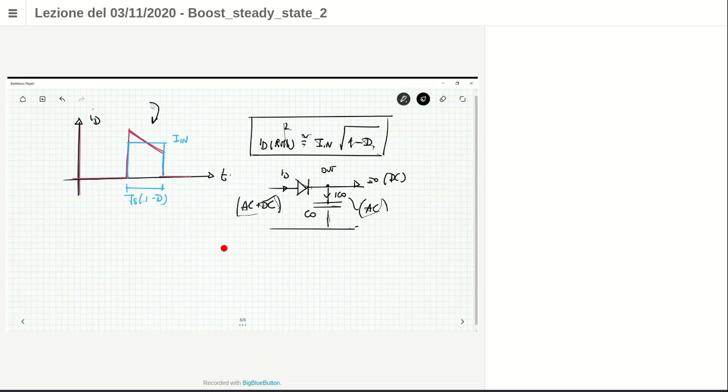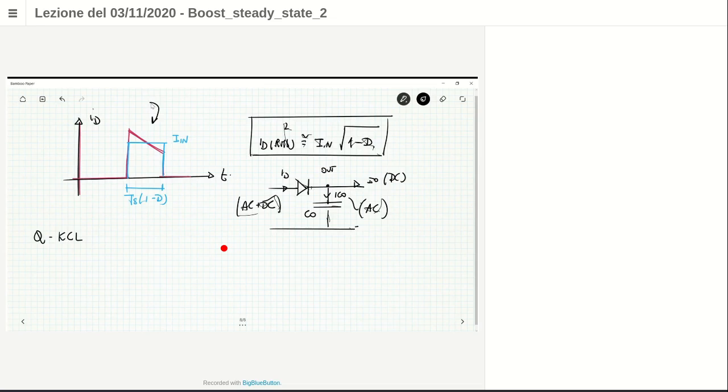So remember that in these situations, we can apply just the quadratic Kirchhoff current law. The quadratic Kirchhoff current law says that the root mean square value of a current having AC plus DC components is simply the summation of the root mean square value squared of the current having just the AC part plus the square value of the DC current.